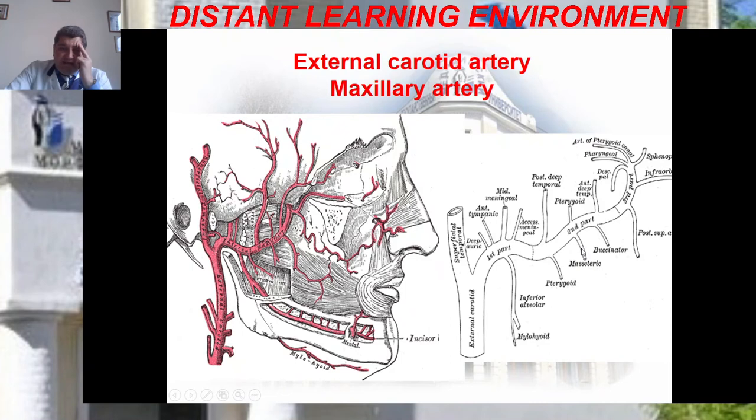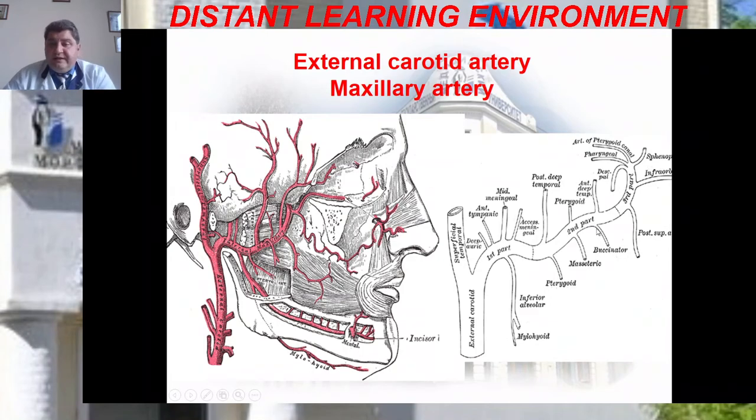Also you may see the masseteric artery for blood supply of the masseter muscle, and also you can see the anterior deep temporal artery for blood supply of anterior parts of the temporal muscle.